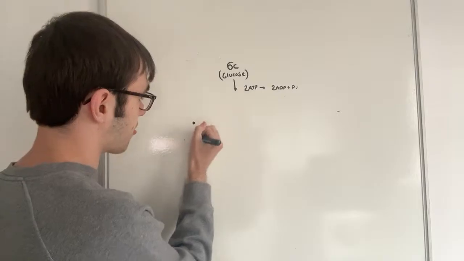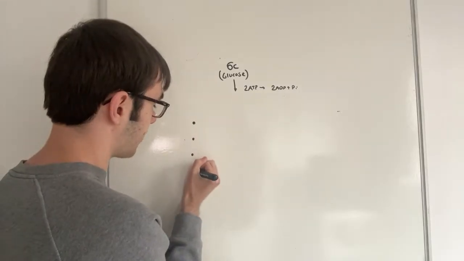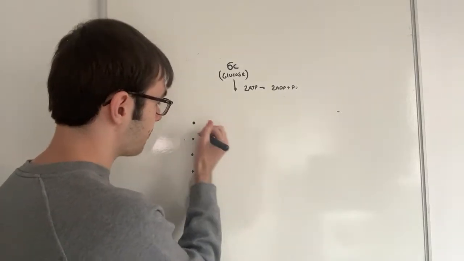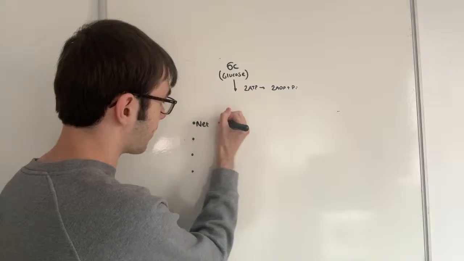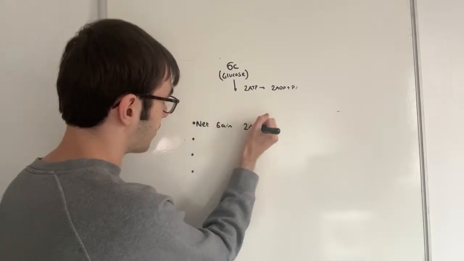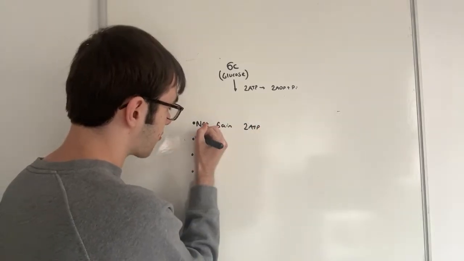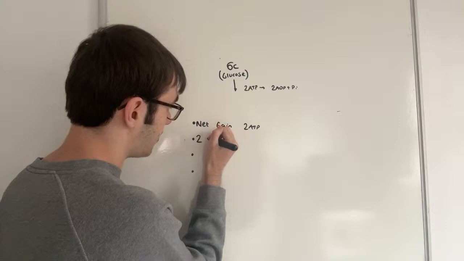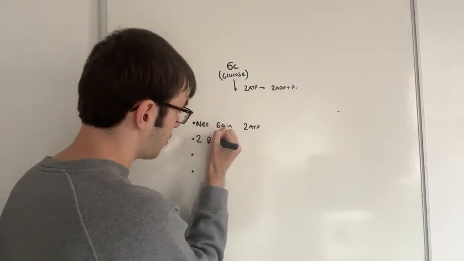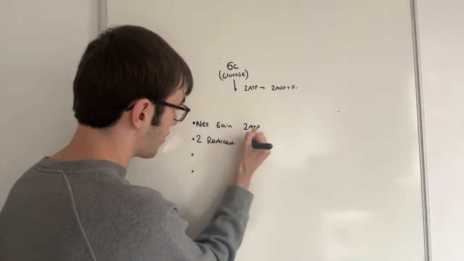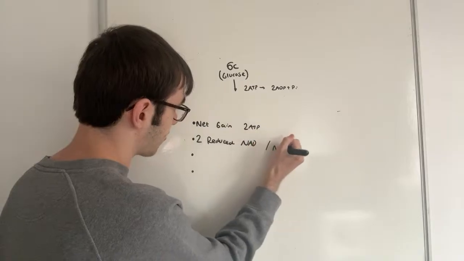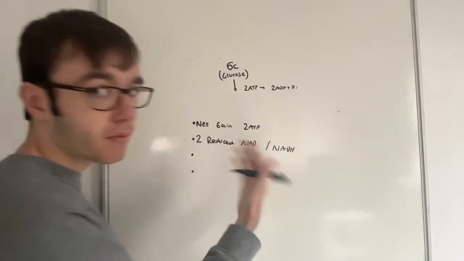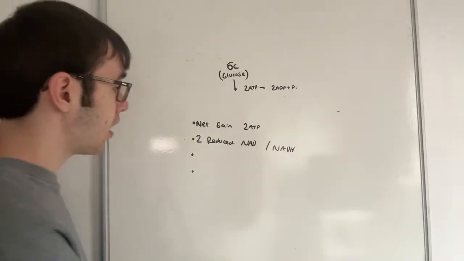Now, I know what they want you to say here for glycolysis. I know the mark scheme off the top of my head. What they want you to say is that it is a net gain of 2 ATP. It results in the formation of 2 reduced NAD / NADH. That's the other way of writing it.